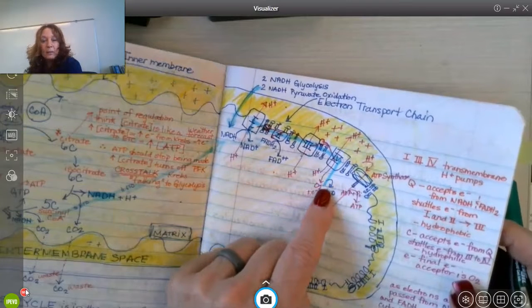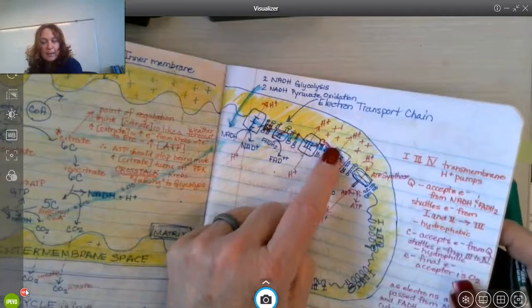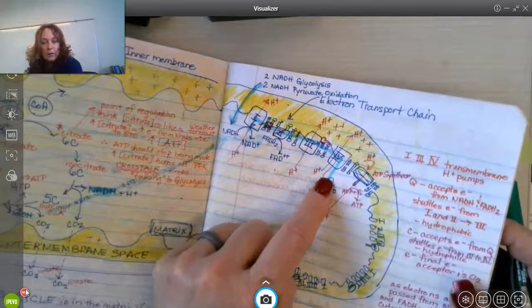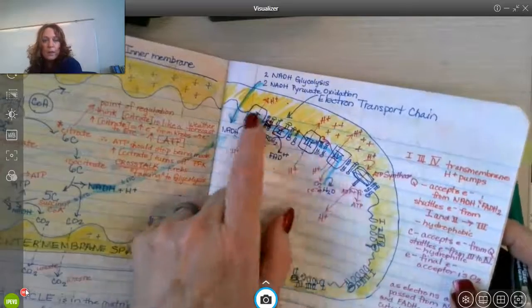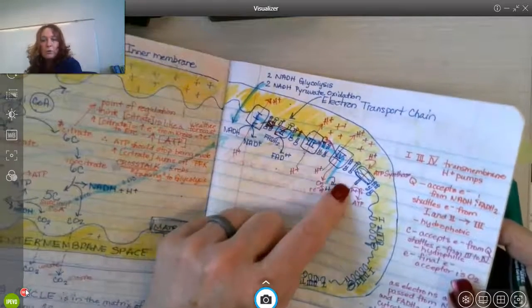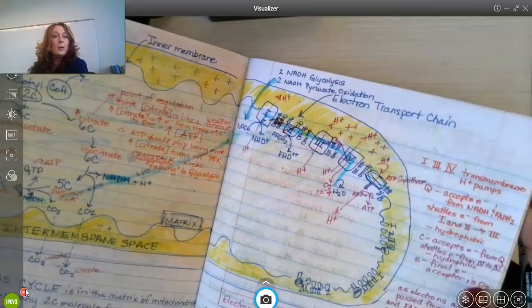And then finally, when oxygen, the final electron acceptor, steals the electrons from C, that drop in electron energy is used to pump hydrogen ions for complex 4. And so you drop energy, drop energy, drop energy, and you use that to power your pumps. All right?